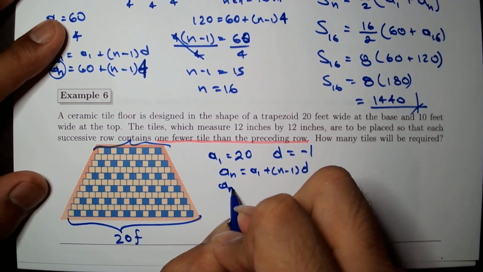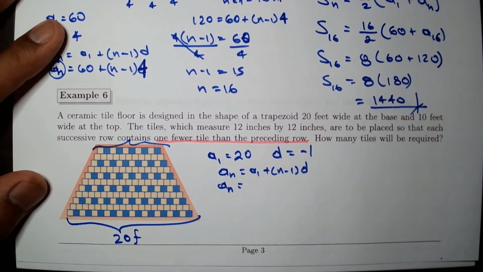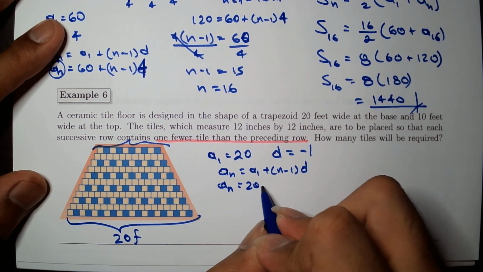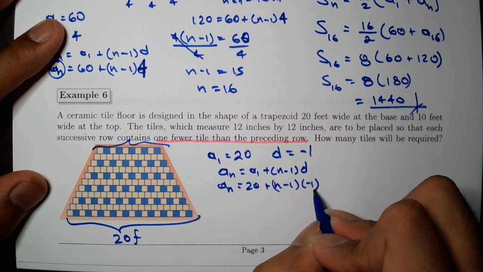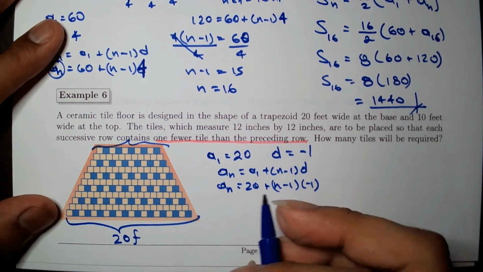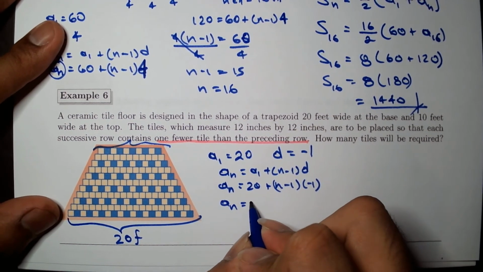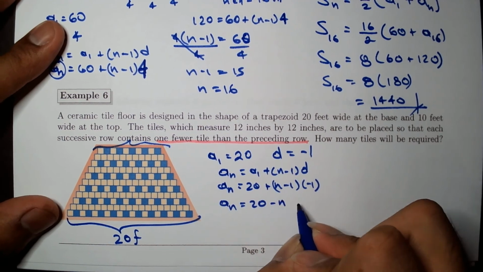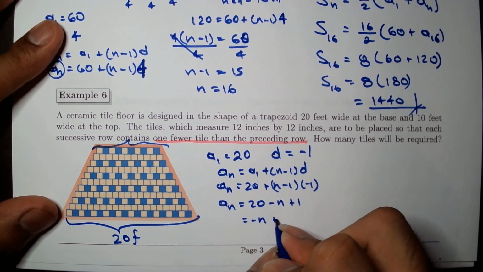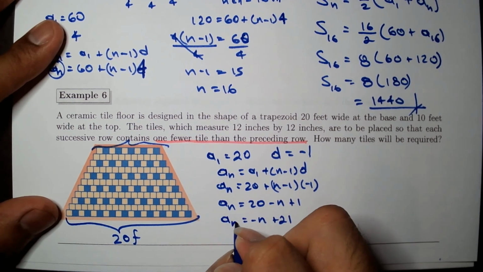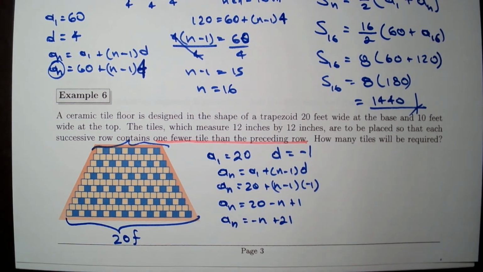So the nth term is going to be the first term, which is 20, plus n minus 1 times the common difference, which is negative 1. Be careful with the signs. A sub n equals 20 minus n plus 1. And in this case, negative n plus 21 is the general term.